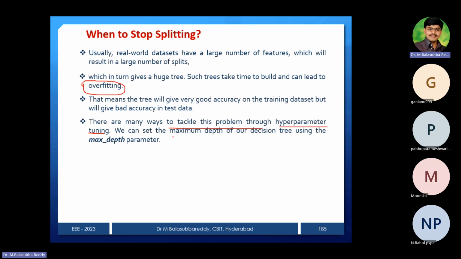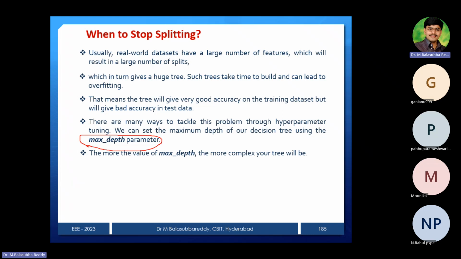We can set the maximum depth of our decision tree using the maximum depth parameter. This is one more parameter we have to consider: how long we should keep splitting the decision tree. The higher the value of maximum depth, the more complex your tree will be. If maximum depth is small, complexity will be less.